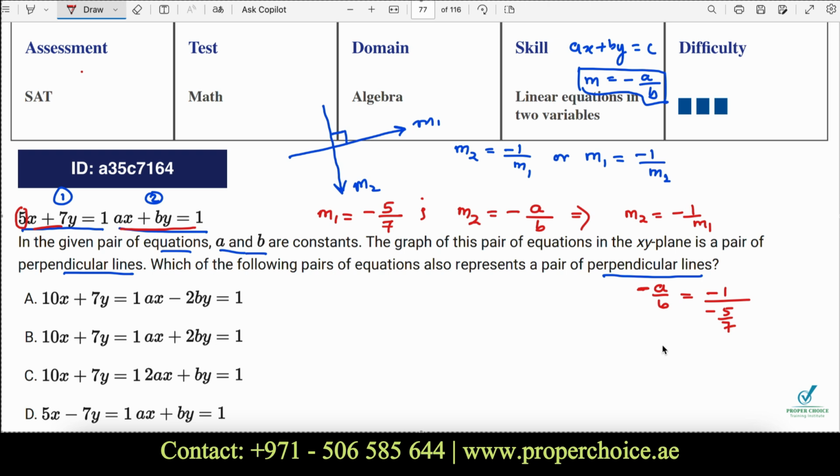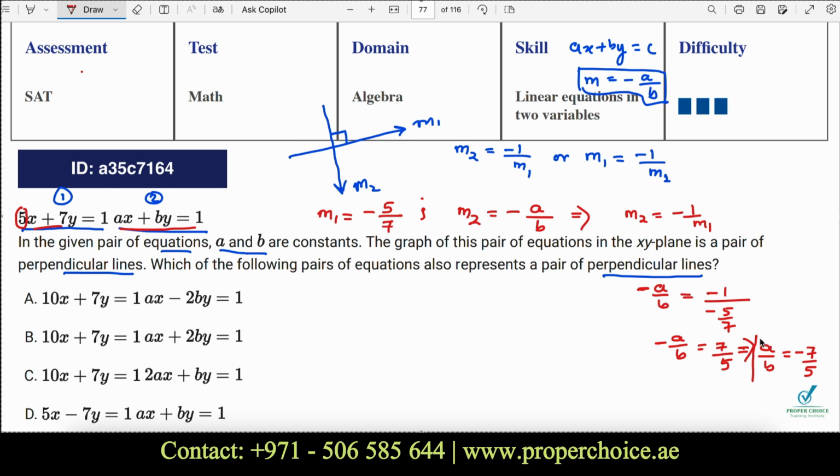This can be further written as negative a by b equals negative over negative, which is positive, 1 by 5 by 7, which becomes 7 by 5. Or you can take the help of a calculator or Desmos. So from this I can rewrite it as a by b equals -7 by 5.